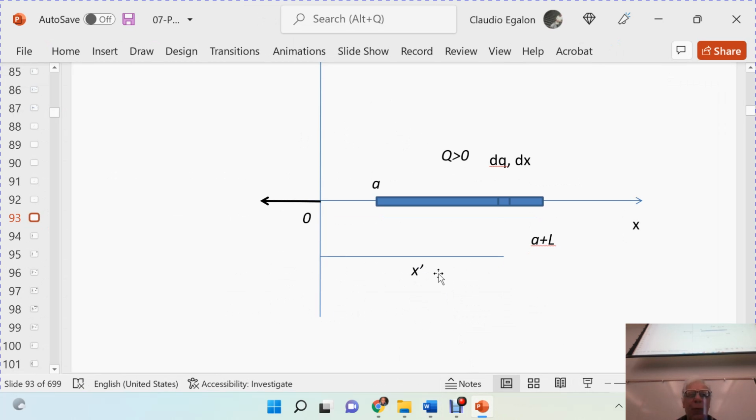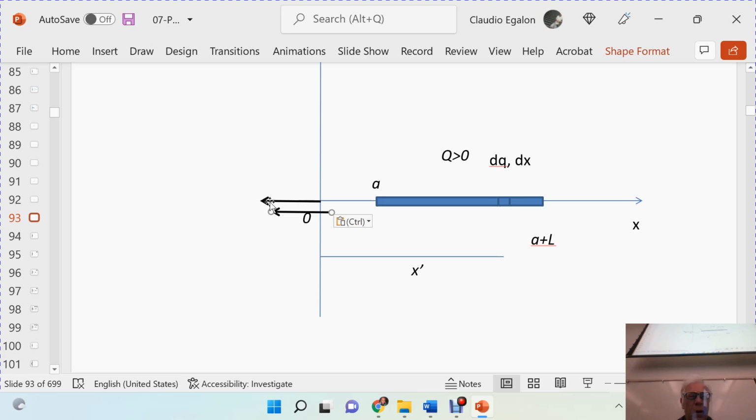Try to picture that. I'm going to integrate from a to a plus L. The electric field is going to point to the left side of this spot. When I integrate exactly at the tip, the electric field is still going to point to the minus x hat direction. Does the x hat change the direction? That's the question that you have to ask yourself.